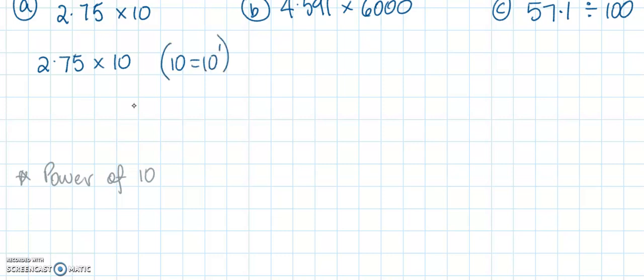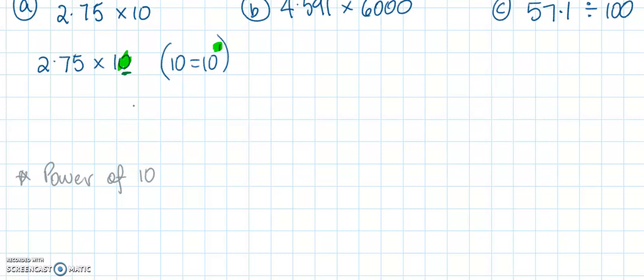Two things we take note of. One, how many zeros are there in the number that we're multiplying by? That's 1 zero. This 1 zero matches the power of 10, which is just 1. That gives us an indication of how many places we move the decimal point.